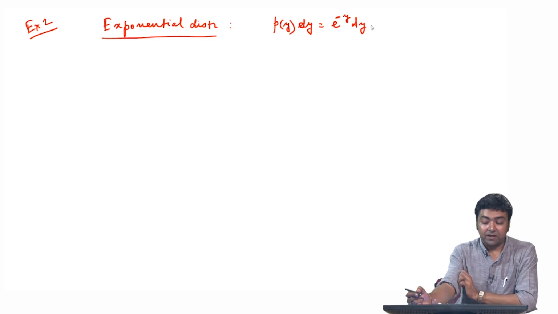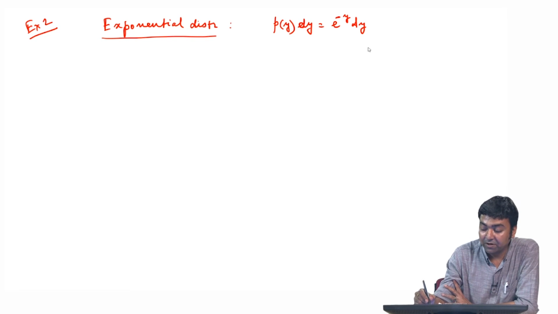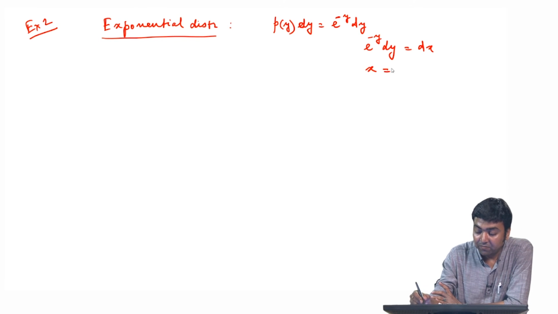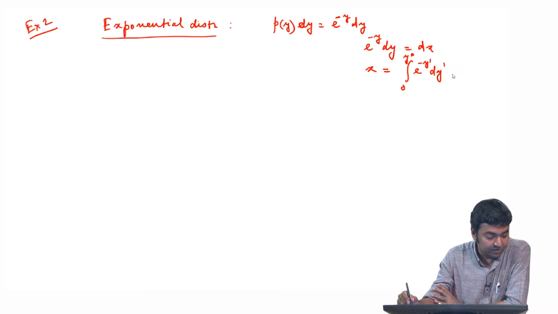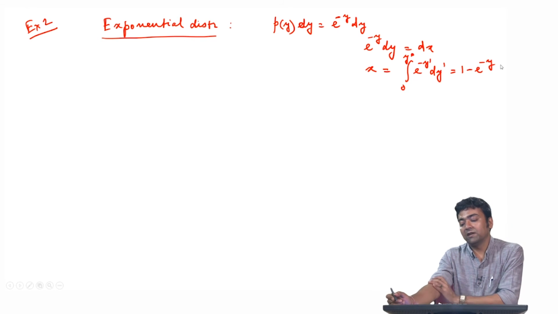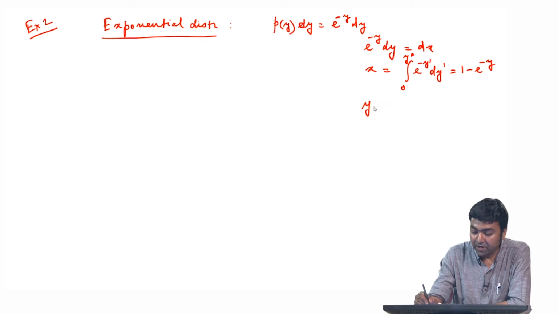Again I apply the conservation of probability. So, e to the power minus y dy is equal to dx, and if I integrate on both sides, the integral from 0 to y of e to the power minus y' dy' gives me 1 minus e to the power minus y. Then I can express y as a function of x, given by minus log of (1 minus x).